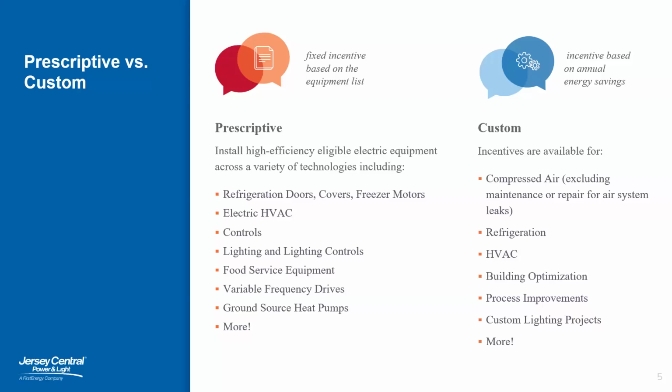Now, in addition to the equipment, the custom path, you can also consider measures that improve the building shell or mechanical components of the building, as well as insulation, glazing, and emerging technologies.